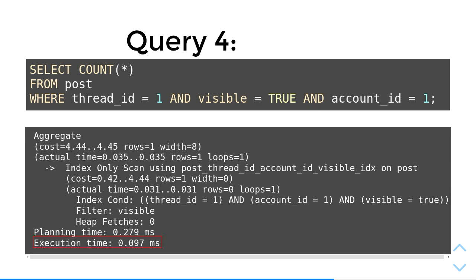And now we're down to 0.097 milliseconds. It was 0.355. So we've stepped down an order of magnitude again. So now we've gone from 13 milliseconds to 0.39 to 0.35 to 0.09. That's a couple of orders of magnitude improvement.